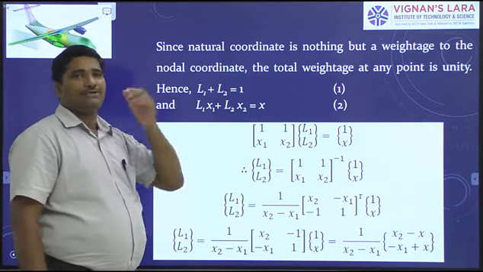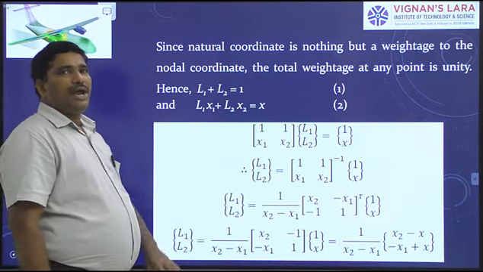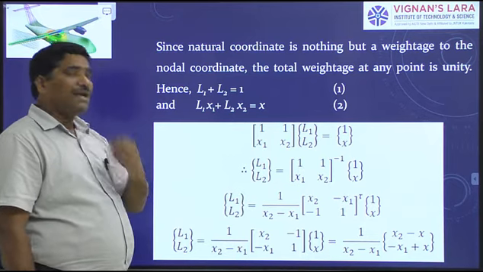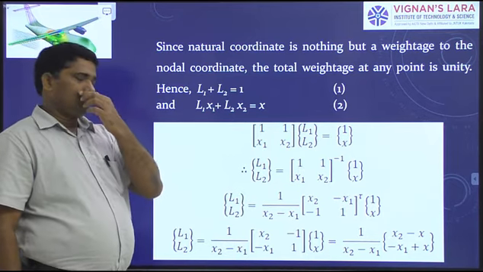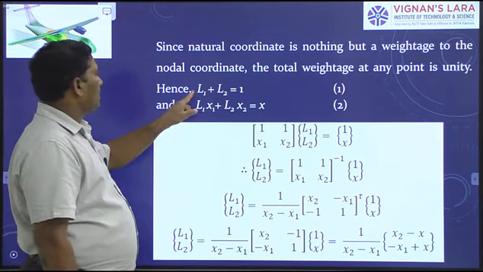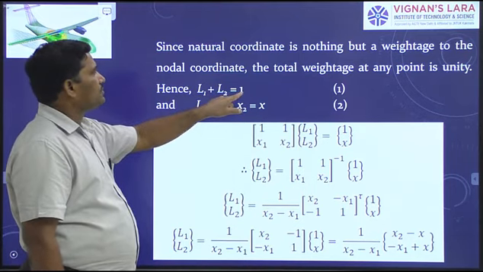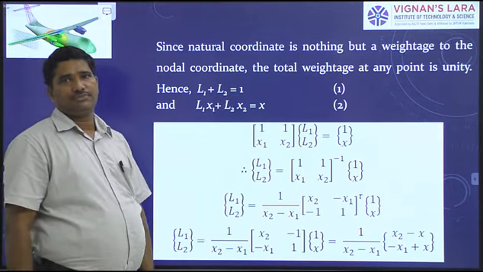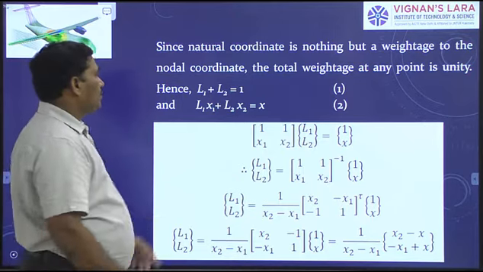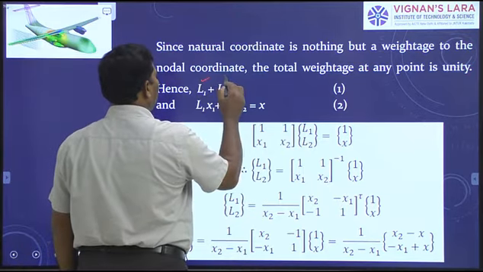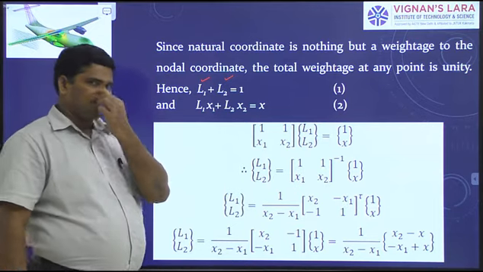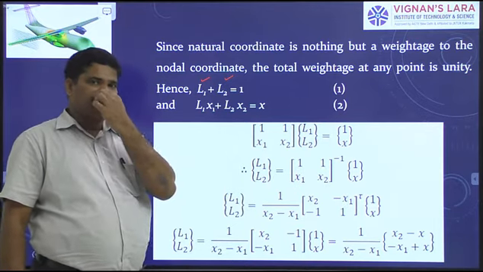That is one expression you get. Another one is that the sum of the natural coordinates is unity. Therefore, L1 plus L2 equals 1. We have two unknowns here. What are they? L1 and L2. They are the natural coordinates, the derived coordinates.